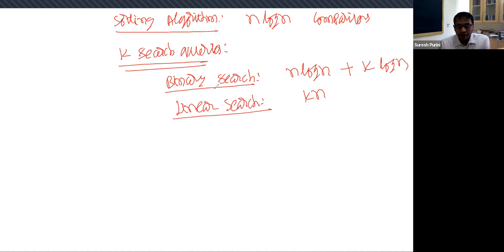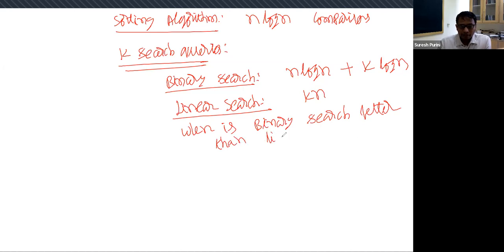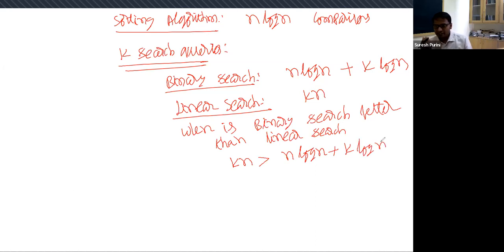So when is binary search better than linear search? Binary search is better than linear search if kn is greater than n log n plus k log n, just assume the base is 2.